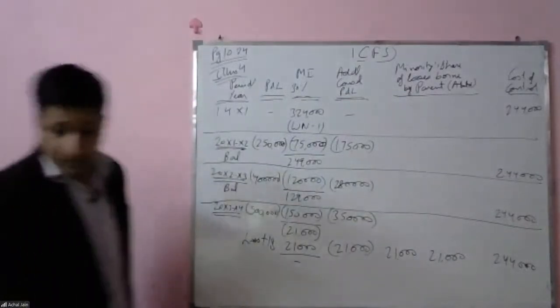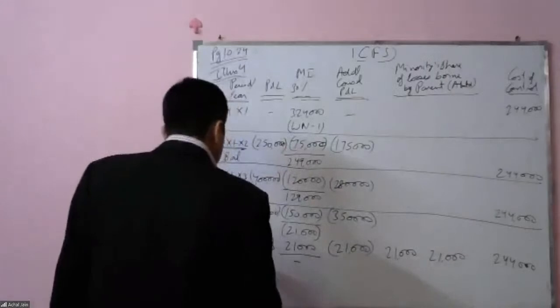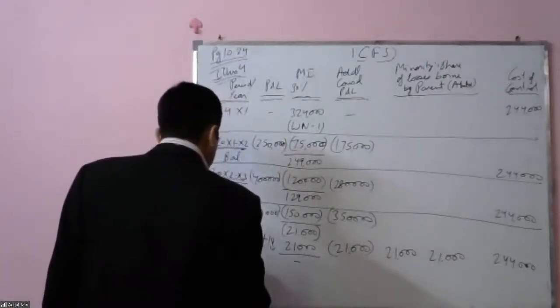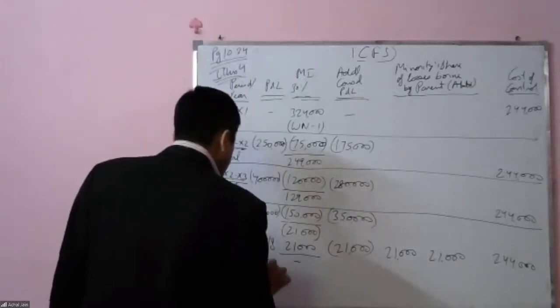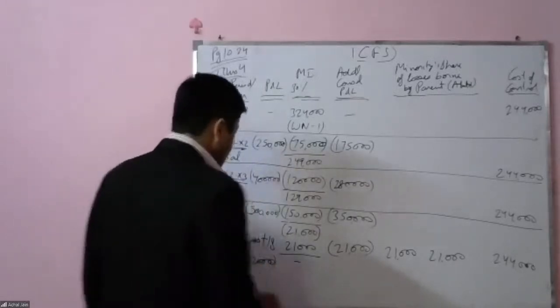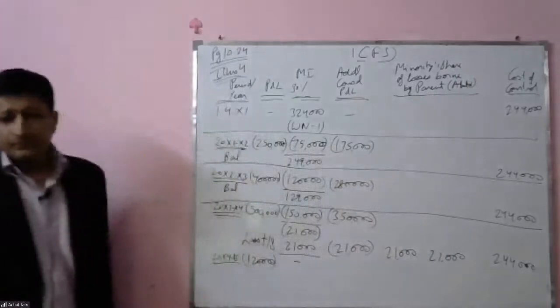Now next year we see a loss once again. It is 1,20,000, so 20X5. There is a loss of 1,20,000.